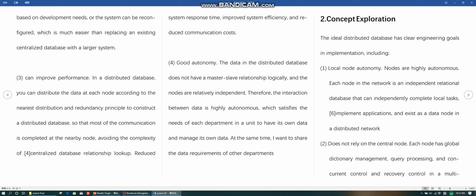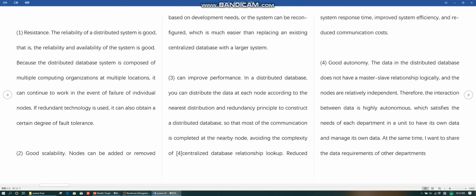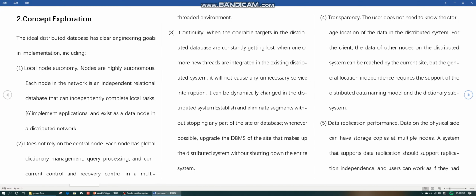And then we're coming to the topic of concept exploration. So the ideal distributed system has clear engineering goals in implementation, including logical node autonomy. Nodes are highly autonomous.